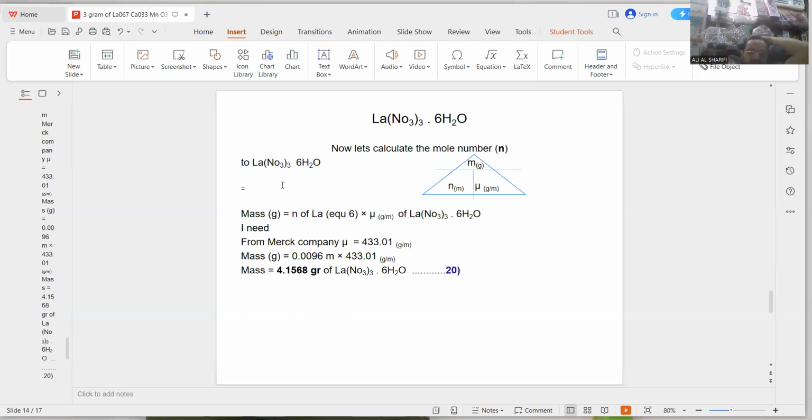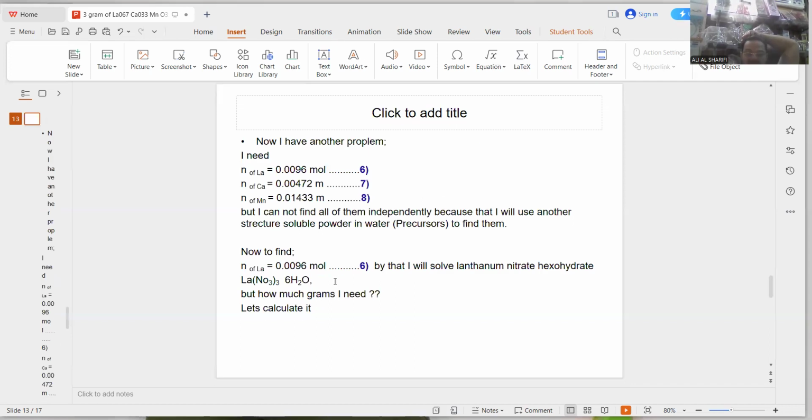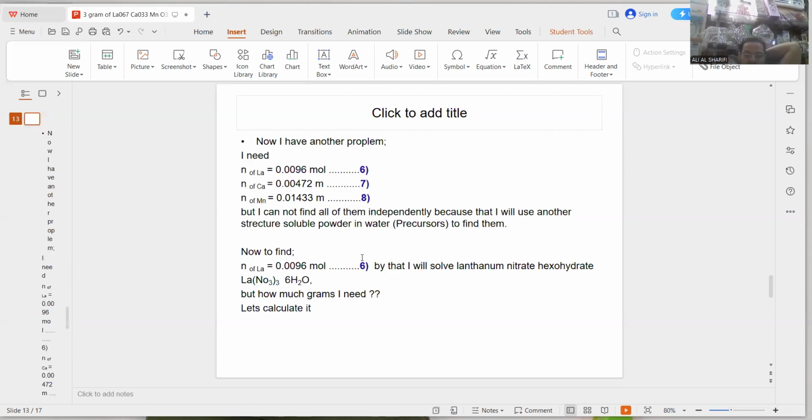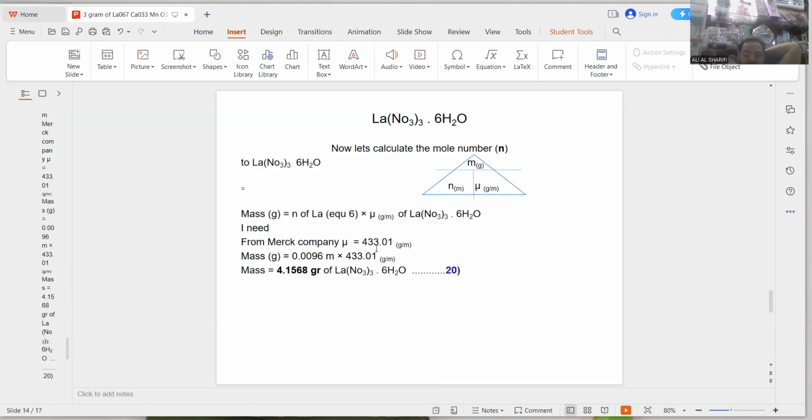For lanthanum nitrate hexahydrate, the mass equals the mole number from equation 6 multiplied by the molecular mass of lanthanum nitrate hexahydrate from Merck company, which equals 433.01. By that, equation 6 multiplied by the molecular mass, I need 4.1568 grams of lanthanum nitrate hexahydrate.